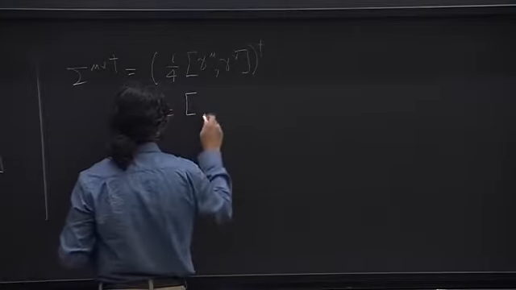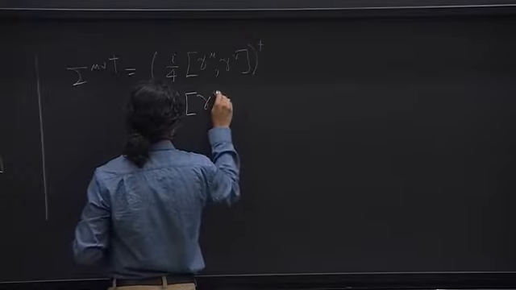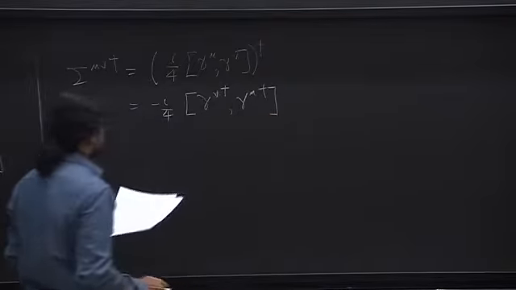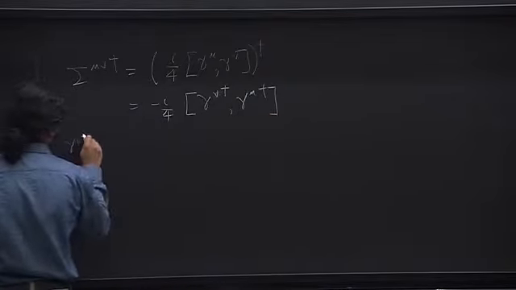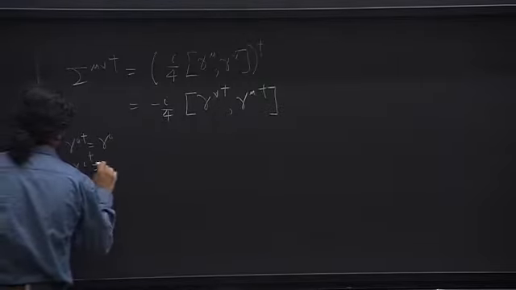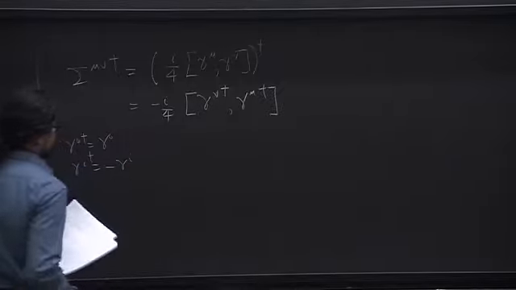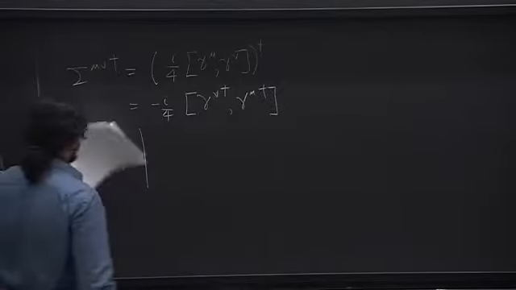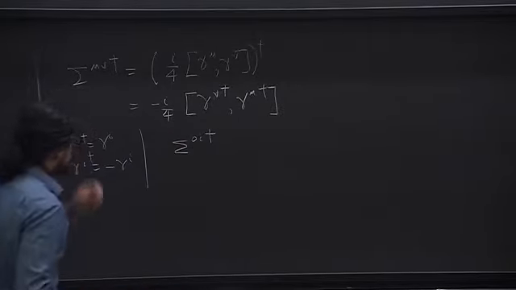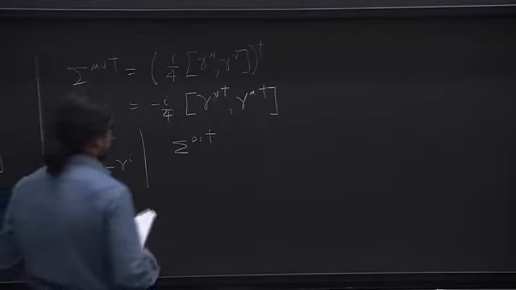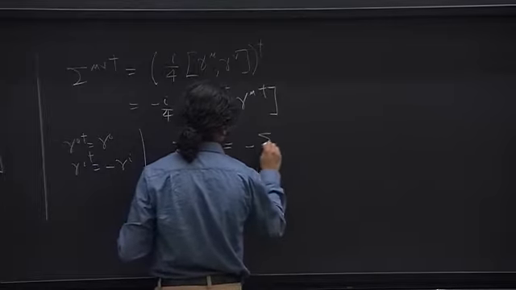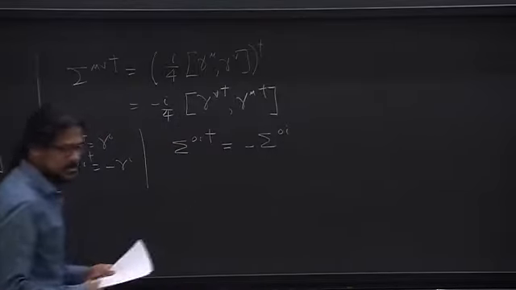So inside the commutator, I will have gamma nu dagger, gamma mu dagger. Now recall that gamma 0 is Hermitian, but gamma i is anti-Hermitian. So if I use this fact here, then you can see that sigma 0i, which are the generators of the boosts, are anti-Hermitian. Okay?